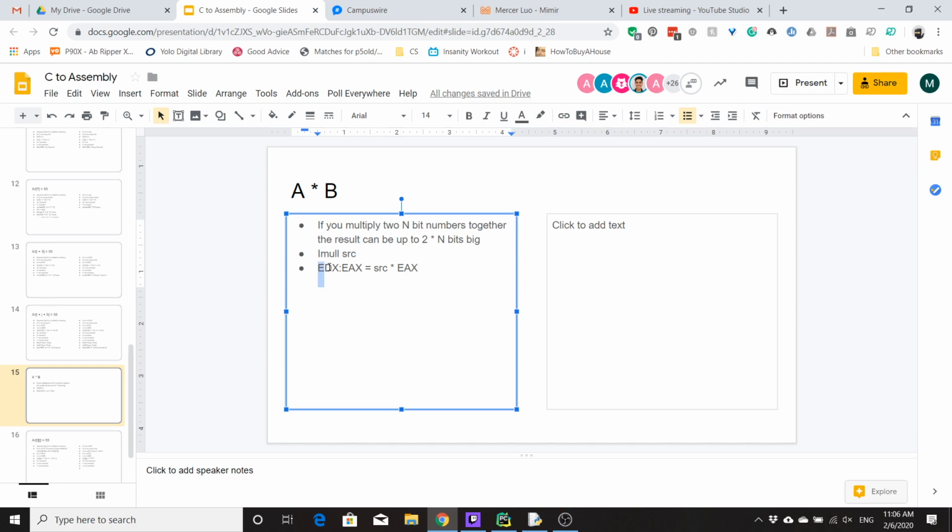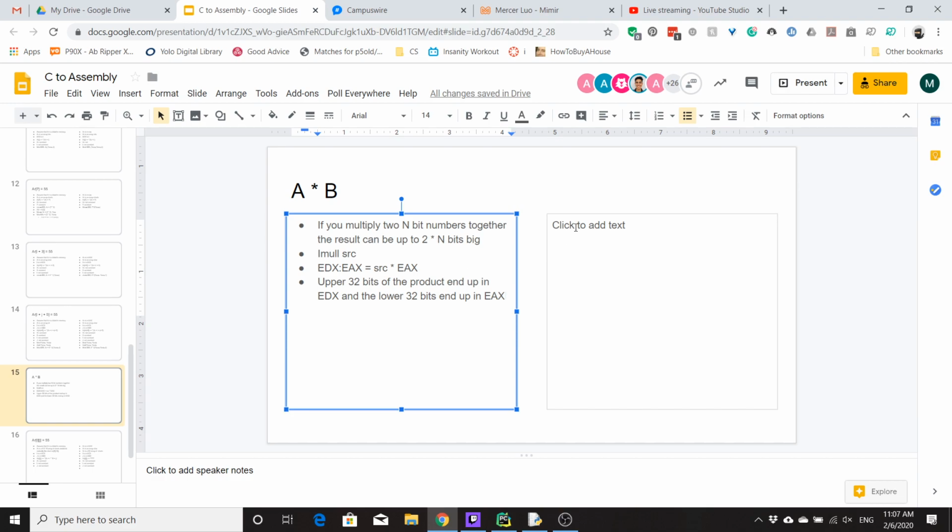The way to read this is the concatenation: the upper 32 bits of the product end up in EDX, and the lower 32 bits end up in EAX. So if you know your number is not going to be too big, you just ignore whatever's in EDX because it's not going to have the result that you're looking for.